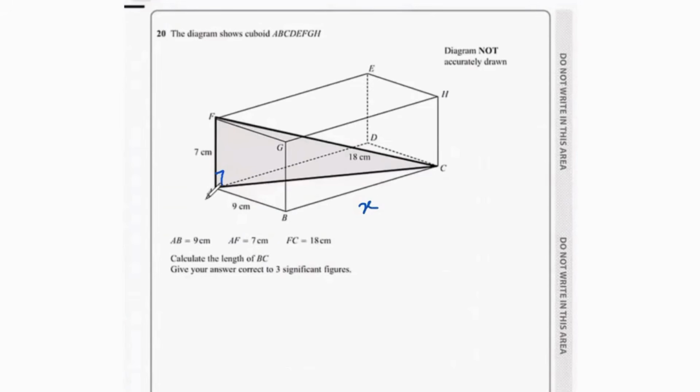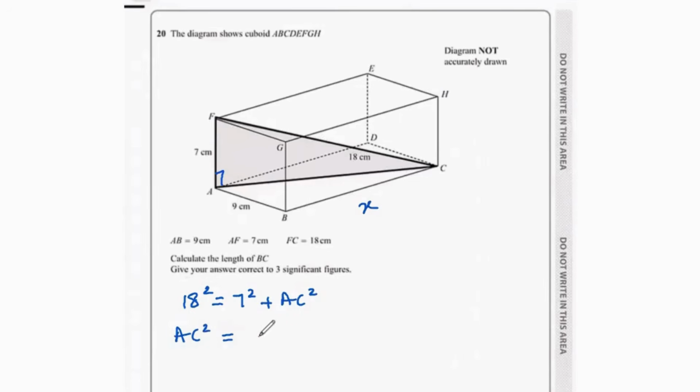So using this triangle AFC, we can figure out AC first. And once we have AC, we can use AC and AB to figure out BC. For this, we'll just be using Pythagoras because there's no other angle given over here. So for triangle AFC, FC is the hypotenuse, so 18 squared equals 7 squared plus AC squared.